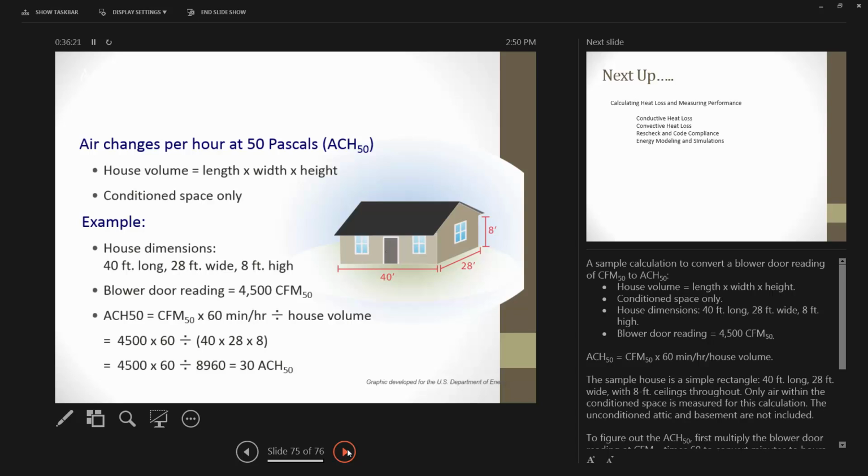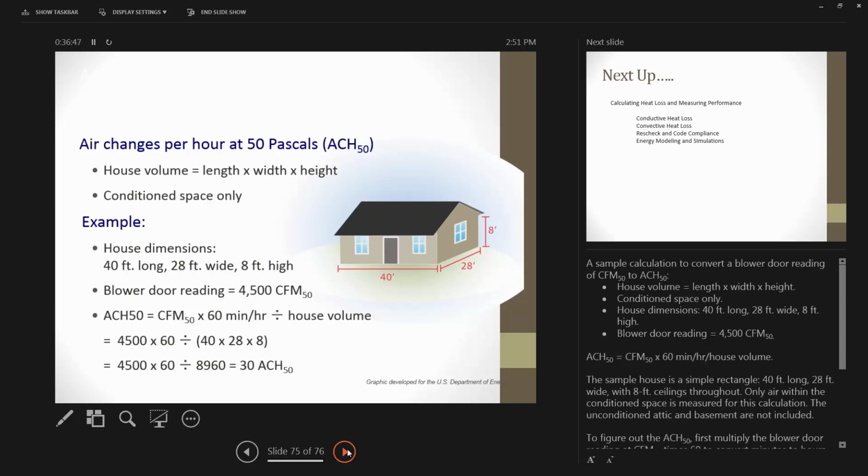One of the things that's pretty interesting about doing the blower door tests and the weatherization is you get to play detective a little bit. You could have two identical 40 by 28 by 8 houses sitting side by side, and you could get the same exact reading out of both houses.